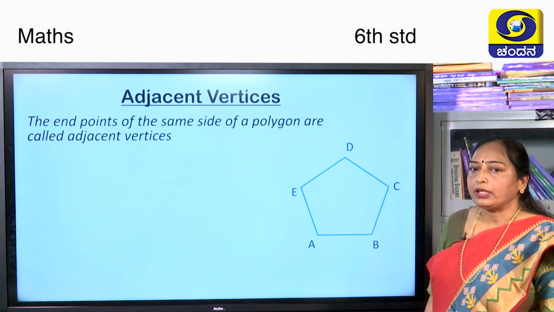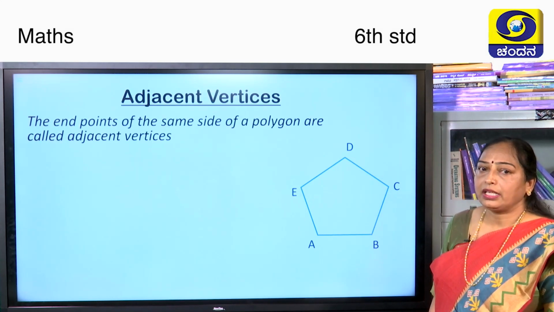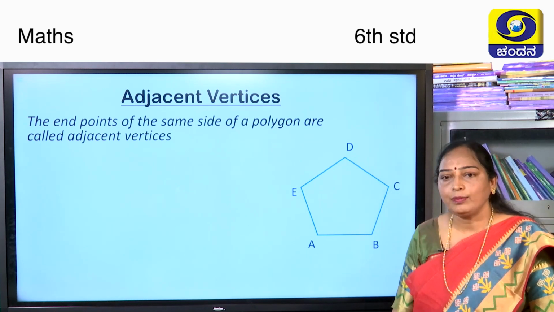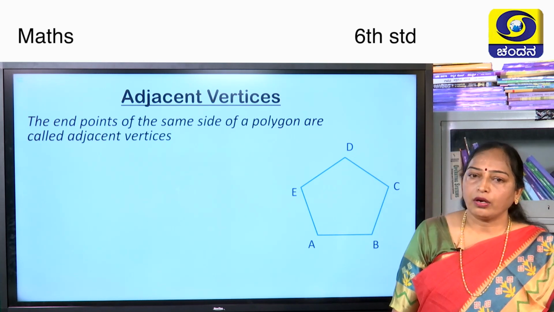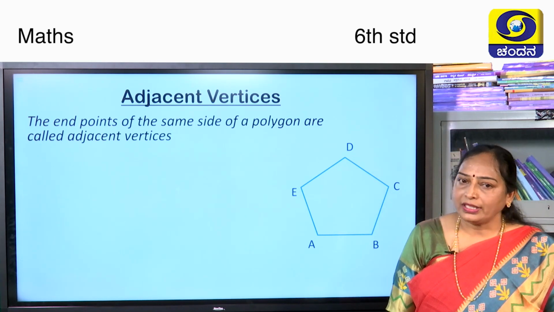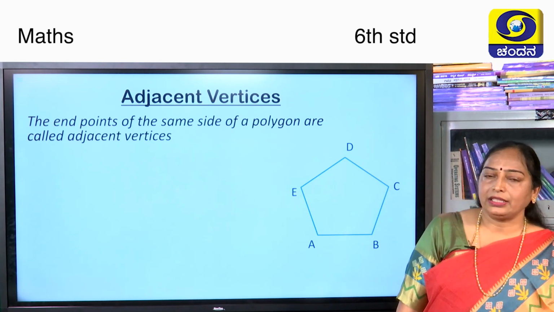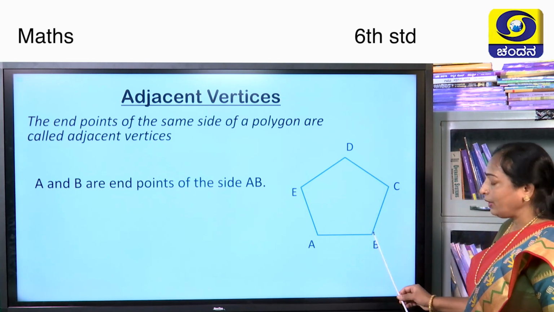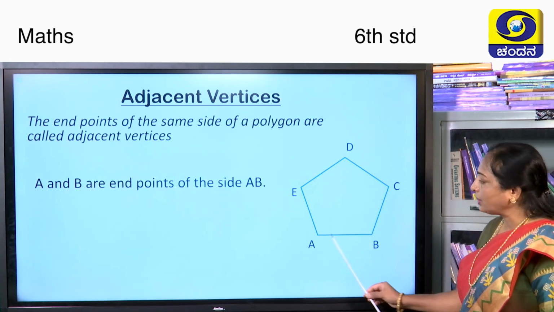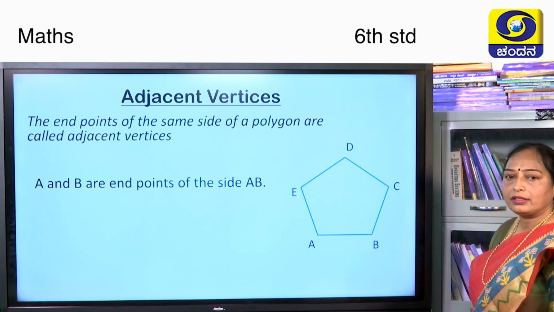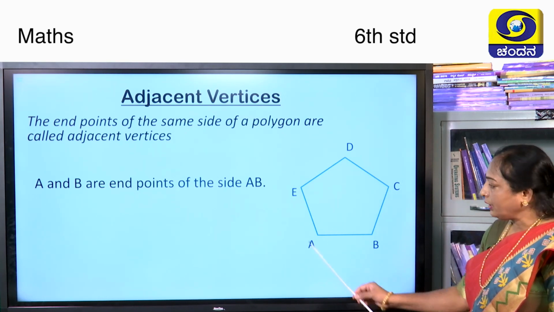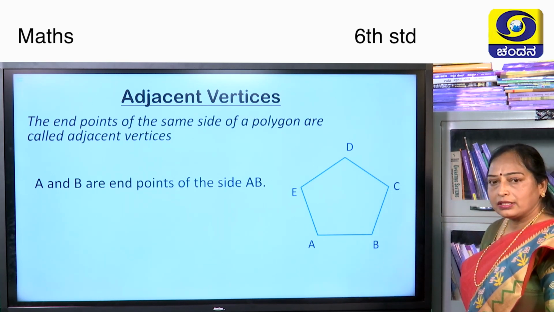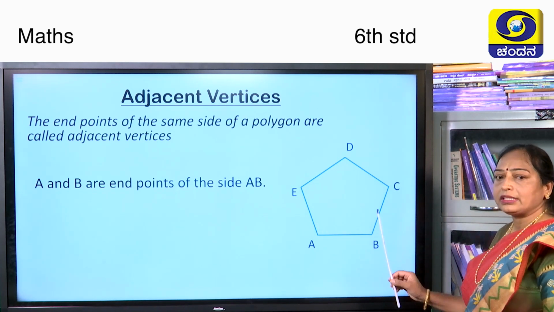Let us learn about adjacent vertices. The endpoints of the same side of a polygon are called adjacent vertices. Let's see the adjacent vertices now. Here, A and B are the endpoints of the side AB. Therefore, A and B are called adjacent vertices.